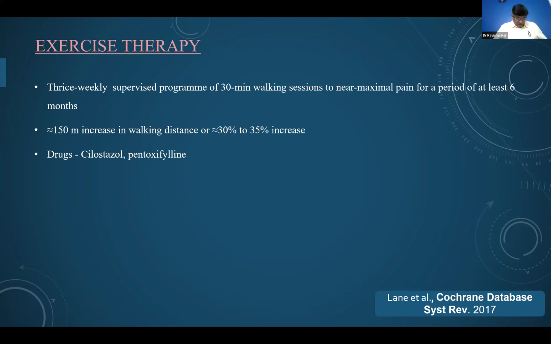There is another new drug. Does anyone know? Ticagrelor. Ticagrelor is another new drug that has been introduced, which is supposed to make the medical management better.